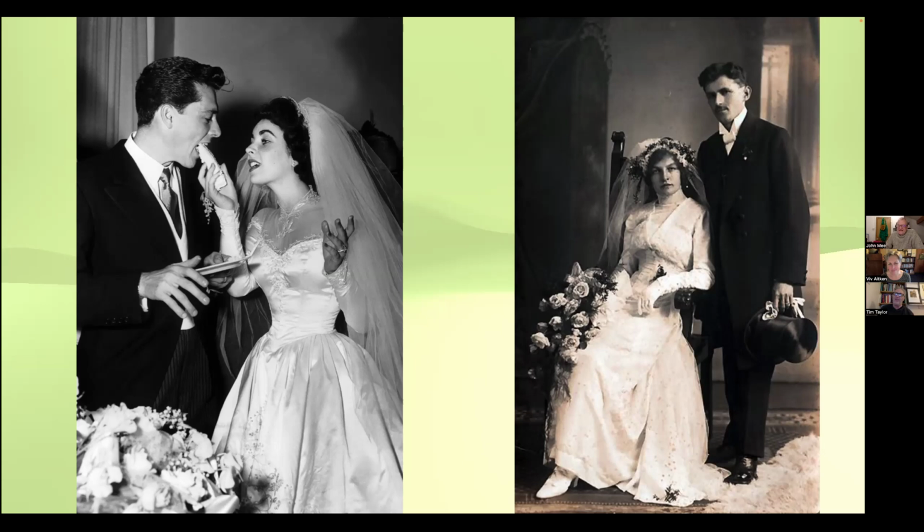The other thing that I love about this photograph are their expressions. I've noticed this a lot in these studio type photographs. This might be the very first time these people have been photographed. Now we are so used to being photographed. We know what photographs of us and other people look like.